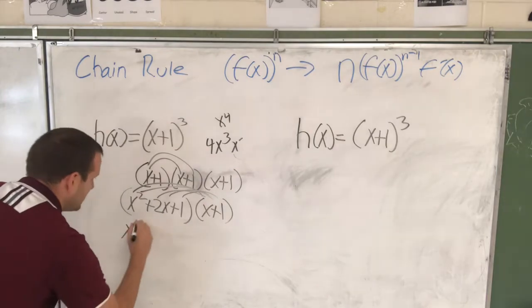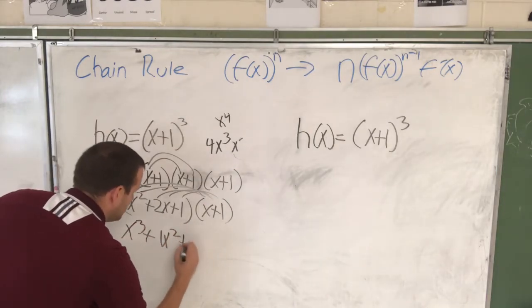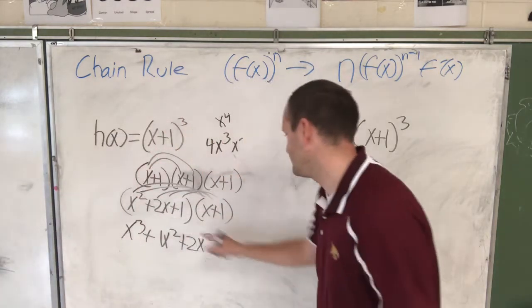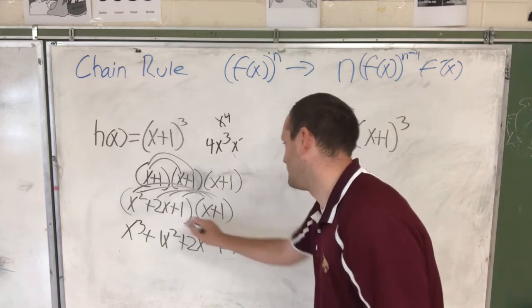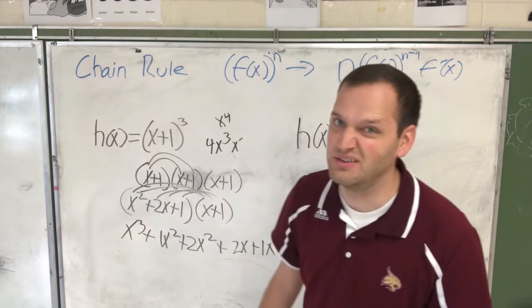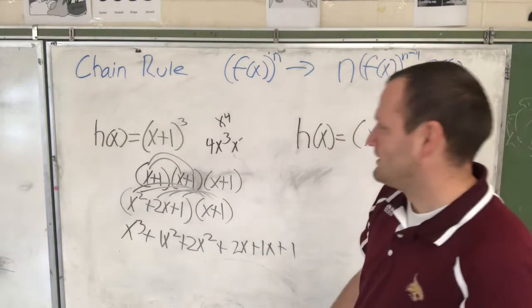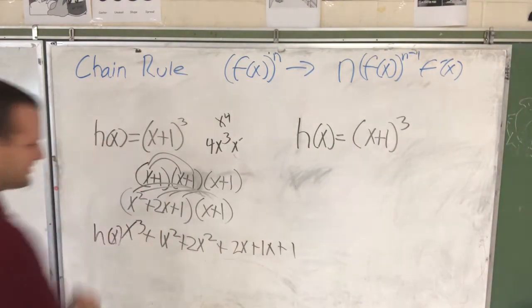That gives me x cubed plus 1x squared plus 2x squared plus 2x plus 1x plus 1. Oh, this is taking forever. The chain rule would have been so much faster. Okay, well, we still are at h of x. We haven't even started taking the derivative yet.